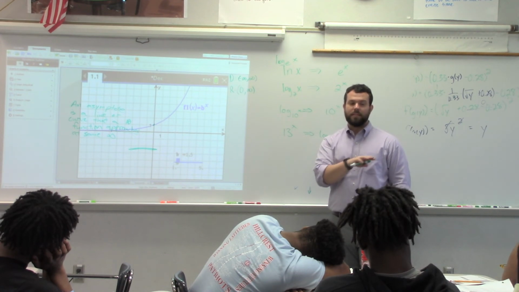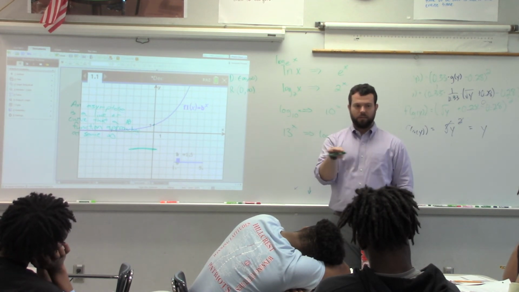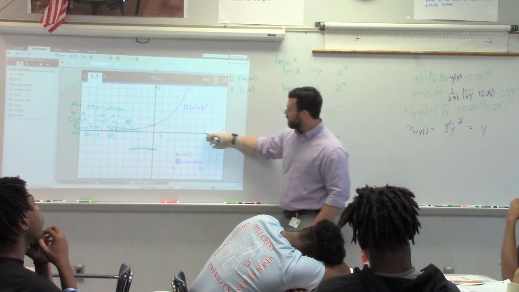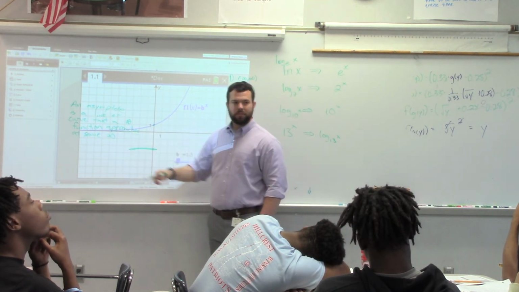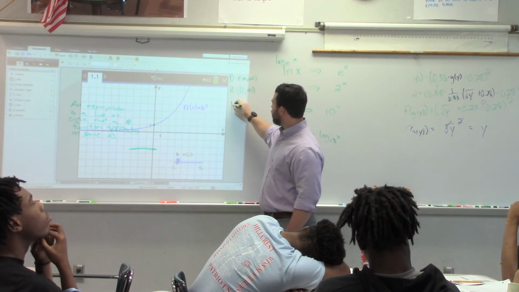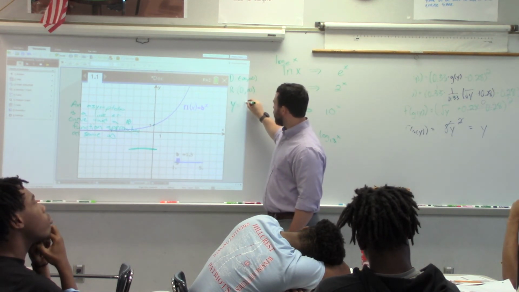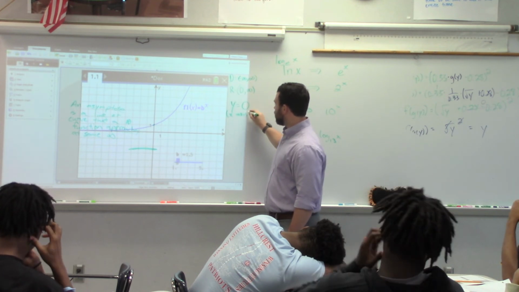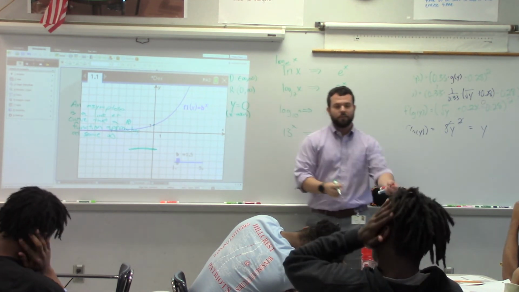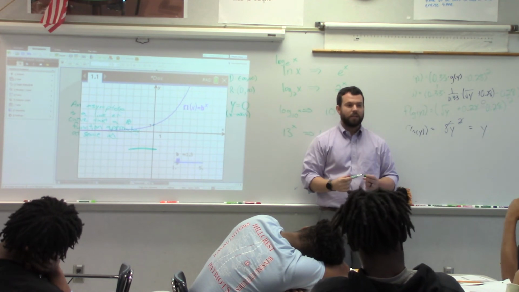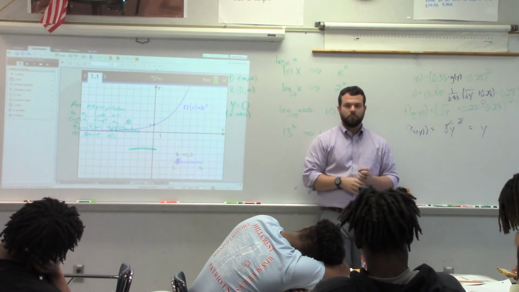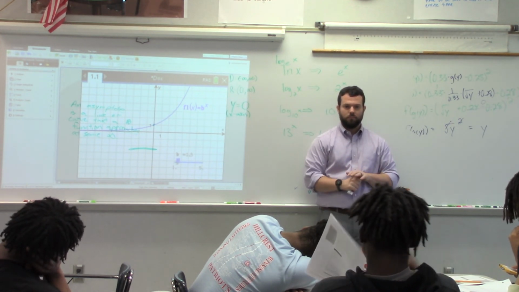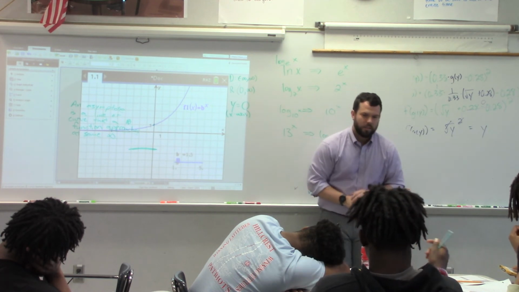The y. Remember, it's the x-axis, right? But what is the y value of every point on the x-axis? It's 0. So the asymptote would be y equals 0, the x-axis. That is what that exponential curve is approaching as x goes to negative infinity. Okay? This is under exponential growth.